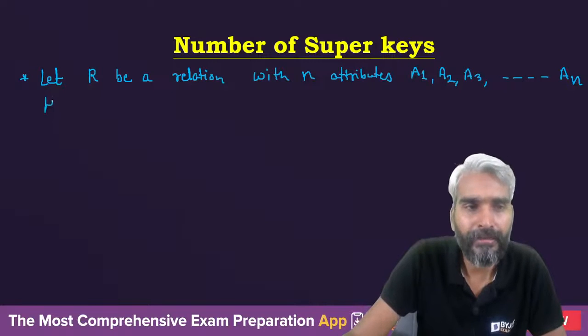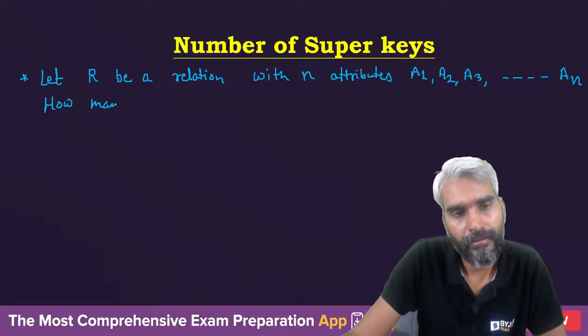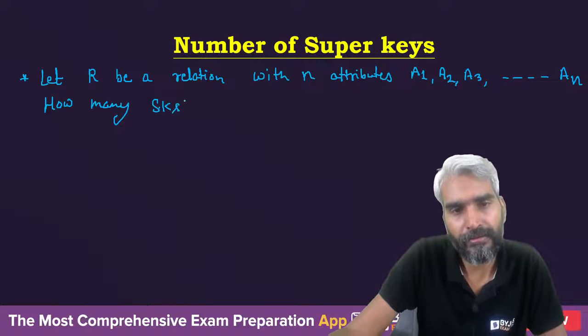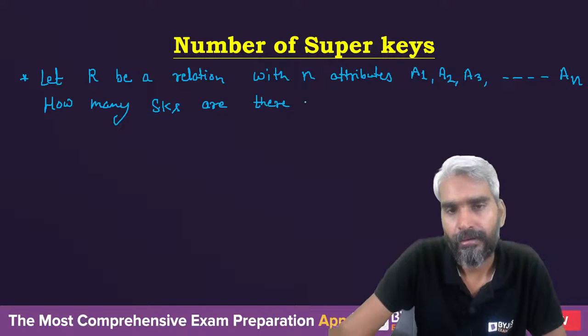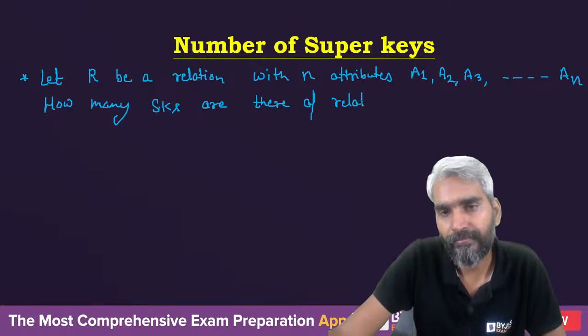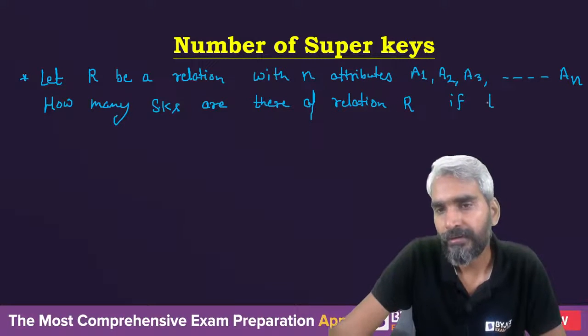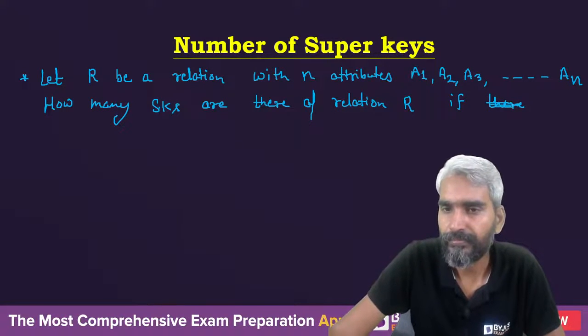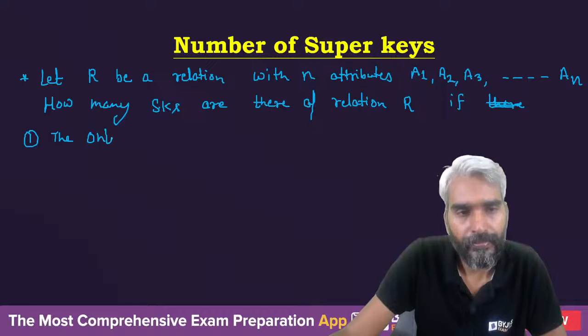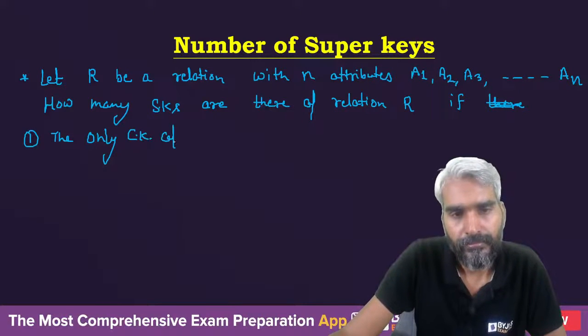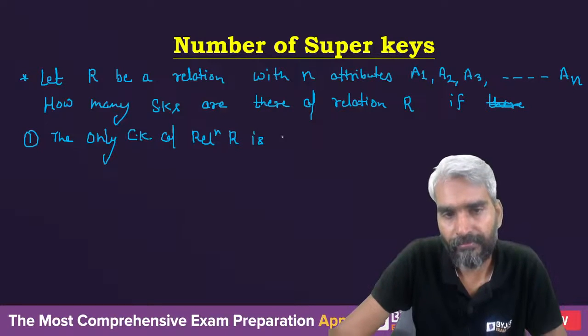How many super keys are possible if the only candidate key of relation R is A1?